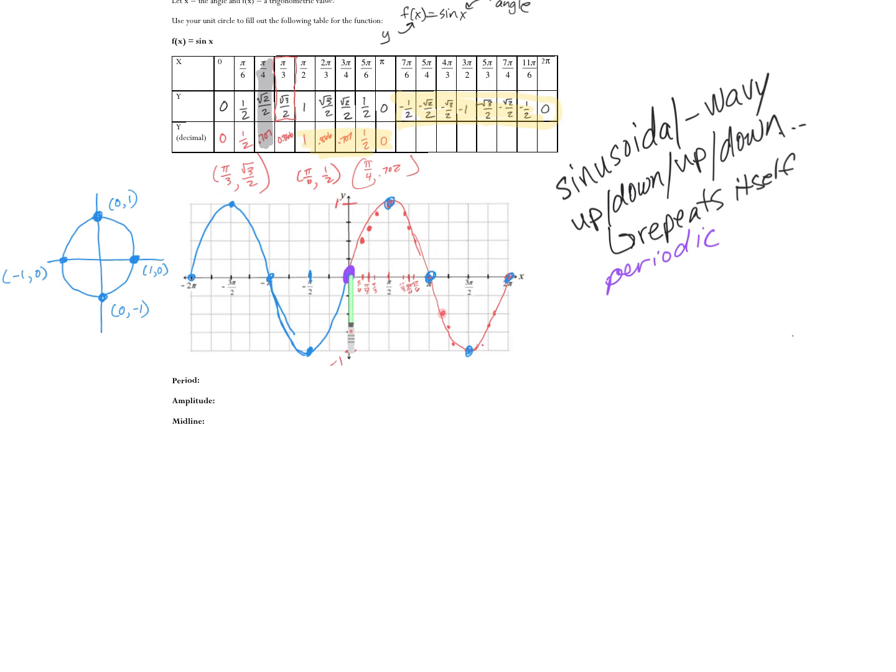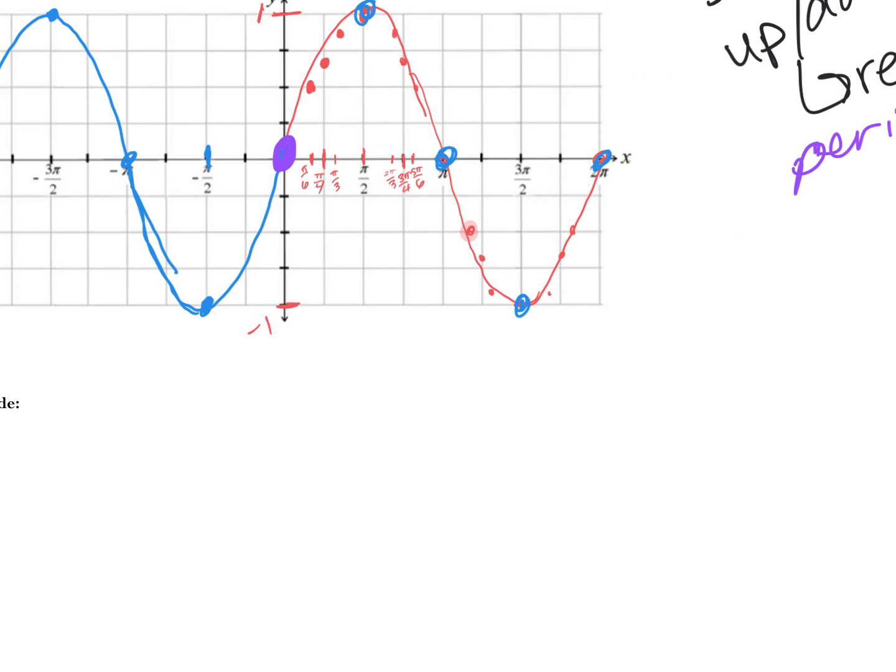I'm going to trace the graph, and I just need you to tell me when it's going to start repeating itself. Now, yes? And then the next one will go like this. So the period of the graph is this distance, which was 2 pi.